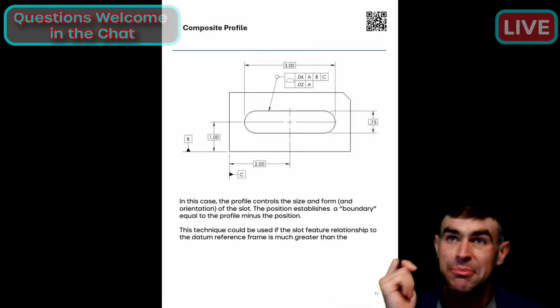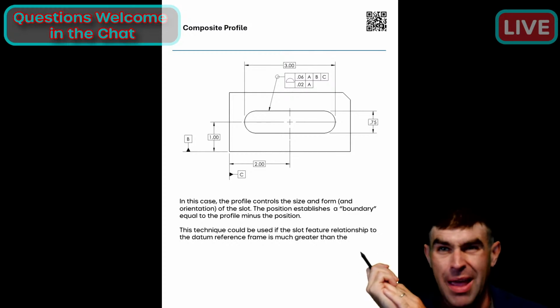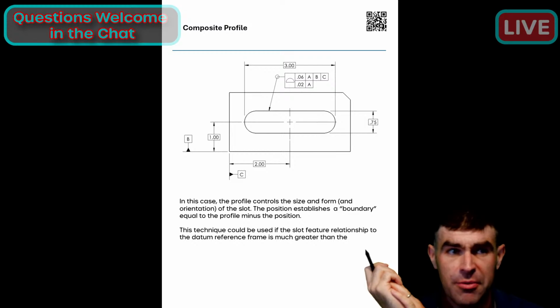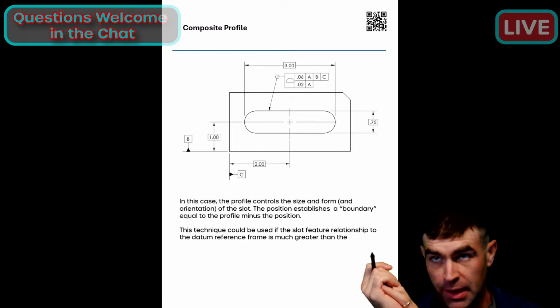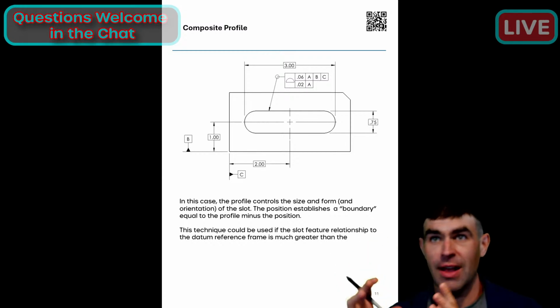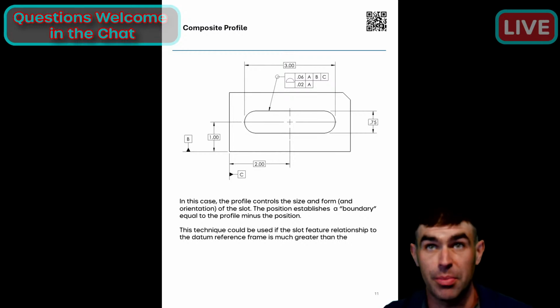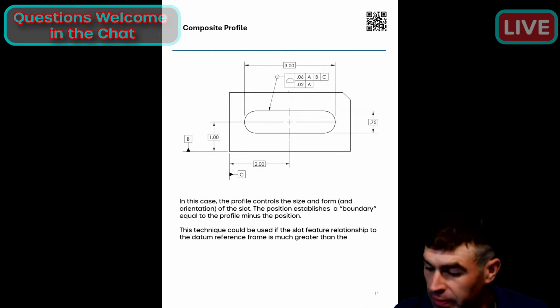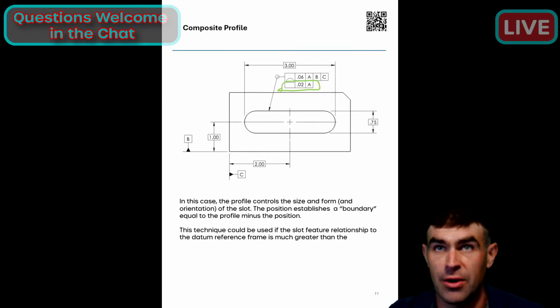Okay, composite profile. This would probably be best if there's like a pattern of features and they're being, say, punched, right? So you have like a punch press or something, and the pattern of slotted holes doesn't matter as much to the sides of the part, functionally, right? I mean, this is what you want to set your virtual condition or your mating feature.